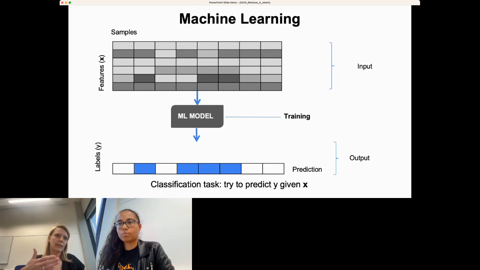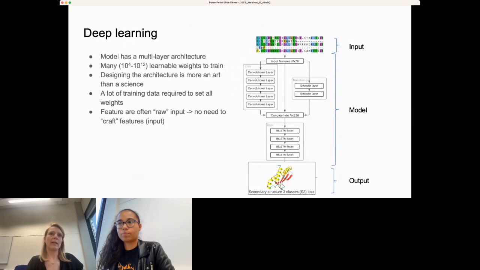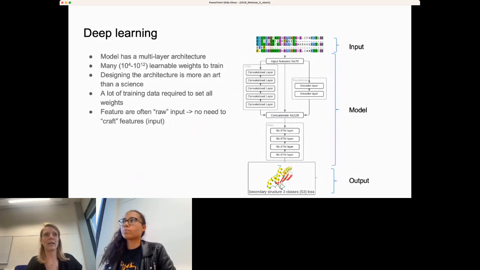Now, if we take this into a real example, we can think, for example, about sequence alignments as input. So we may take sequence conservation patterns. If each line here would be a protein sequence, and then you have multiple homologs here to generate a full sequence profile, that can be your input, and your output may, for example, be the prediction of secondary structure of a protein.